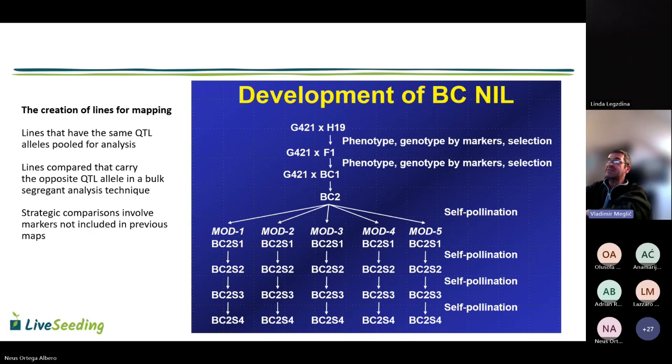And this is the scheme of the backcross near isogenic lines, how it was created with 5 different QTLs or populations that were defined by the modifiers of sex expression. Since sex expression in cucumbers is not a simple gene, but has a series of modifiers that determine it. Next slide, please.